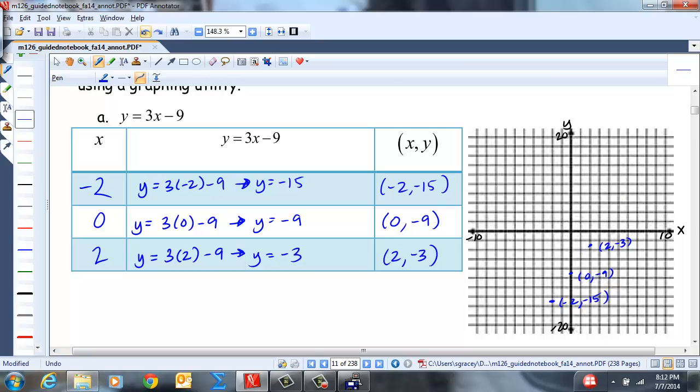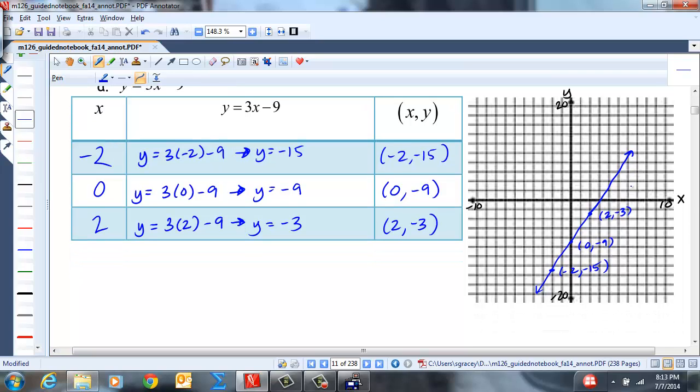That's not going to be good, so it's good to use a straight edge on these. We're going to put arrows at the end to show that it'll behave this way forever.